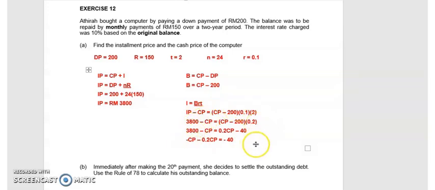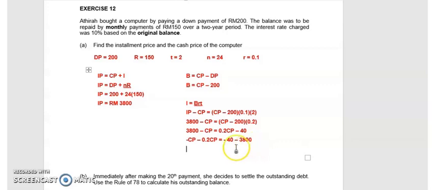Positive to the right hand side becomes minus. So now you have negative 1 CP. CP means 1 CP, so negative CP means negative 1 CP. So negative 1 CP minus 0.2 CP, we will get negative 1.2 CP.